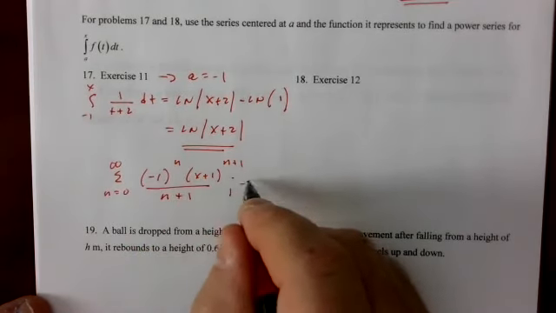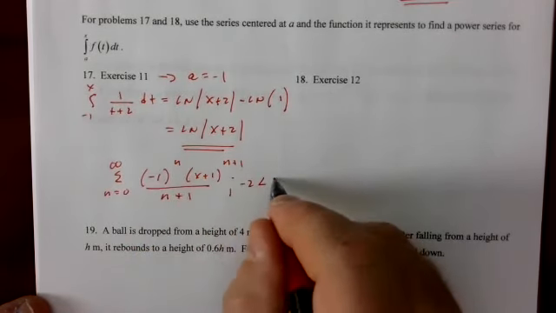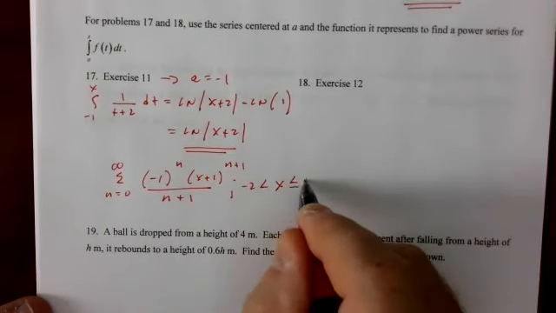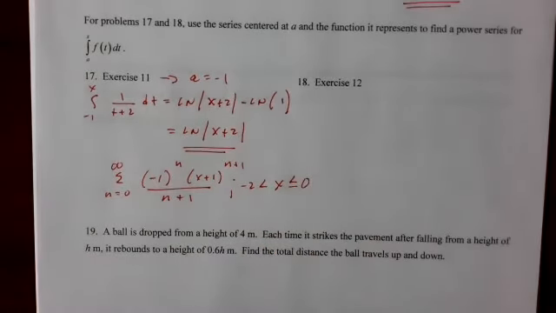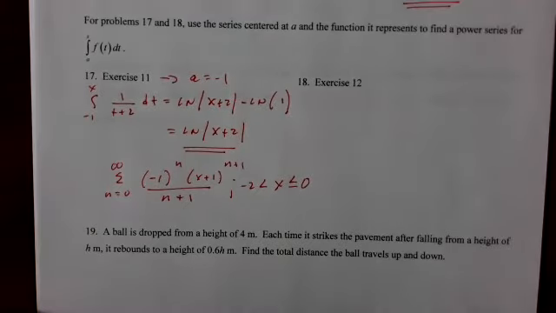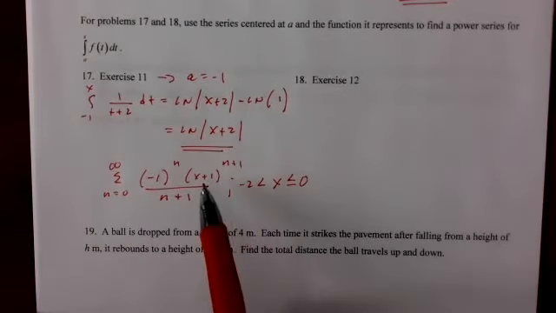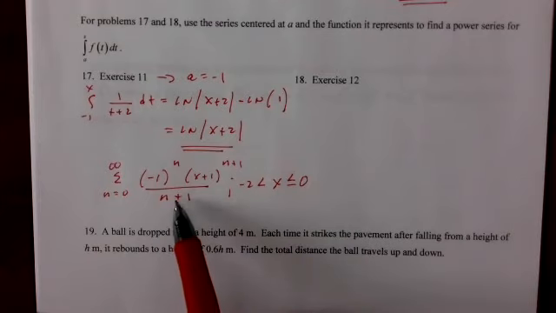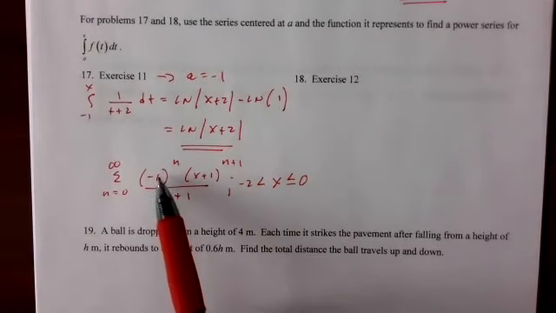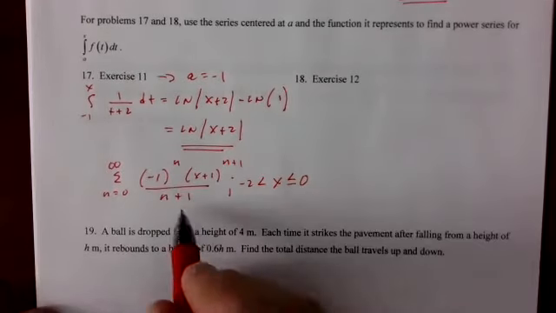And don't forget, negative 2 is less than x. This time we got a weird thing where it's actually less than or equal to 0. Wait a minute, I thought we couldn't do that. Yeah, look at what happens when we plug in 0, you get 1. The bottom's getting bigger and bigger, so this will actually work, as long as it's alternating. Told you not to worry about that. We'll get to that eventually.